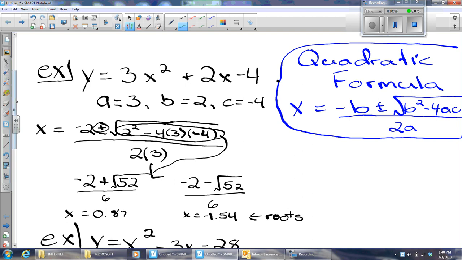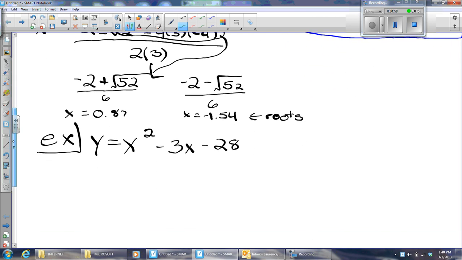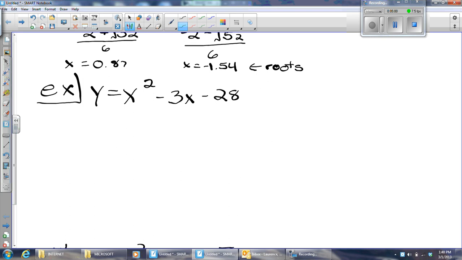All right, let's try this again. So for this example, we have a equals 1, b equals -3, and c equals -28. All right, we're going to plug our numbers in. x equals -b. Well, since we already have a -b, it's going to be +3.